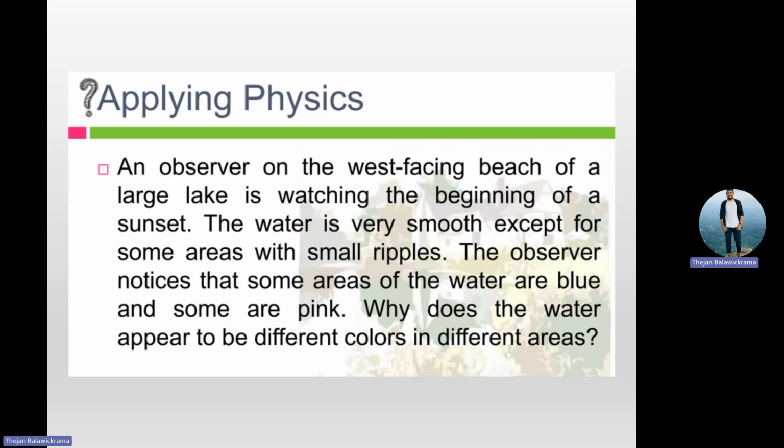The observer notices that some areas of the water are blue and some are pink. Why does the water appear to be different colors in different areas? Even in the ocean, and in a lake also, it's blue and other colors.